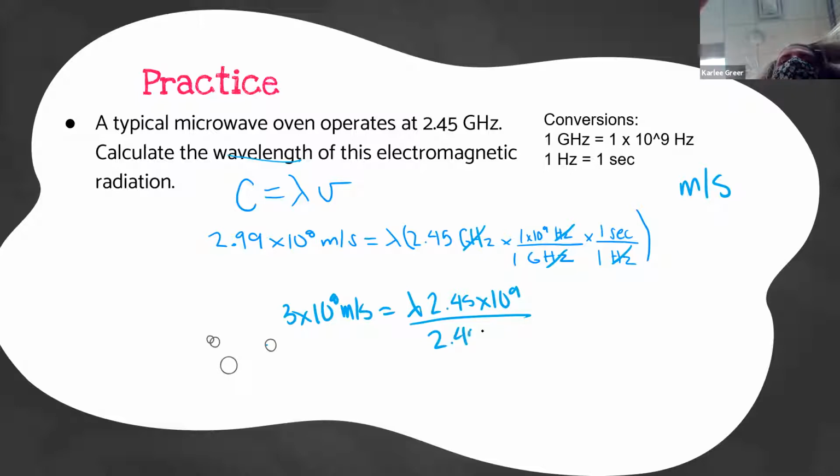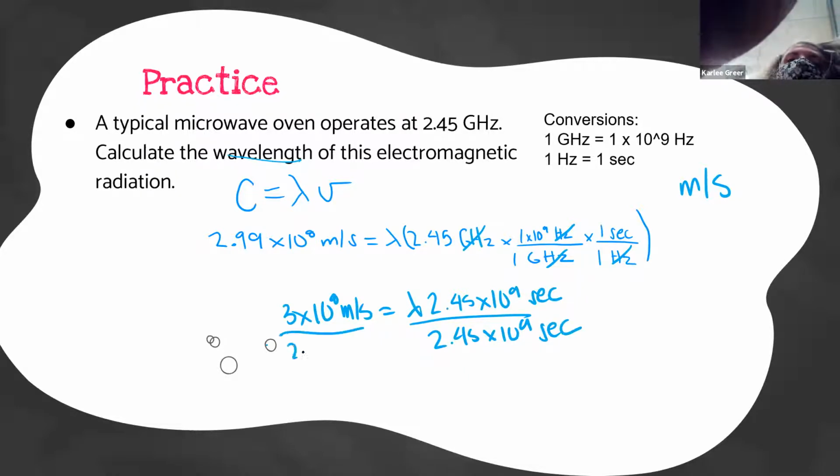And then we'll go ahead and divide this over here. This is going to be in seconds. And then, perfect, 3 times 10 to the 8th divided by that big number. Let me put that in here.